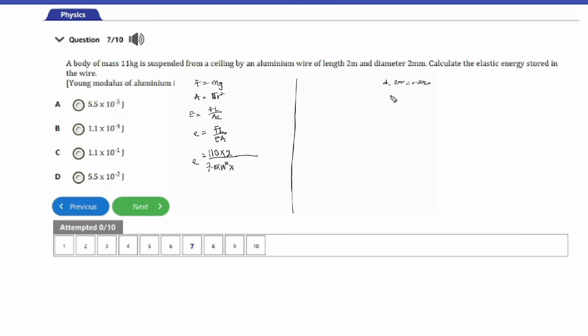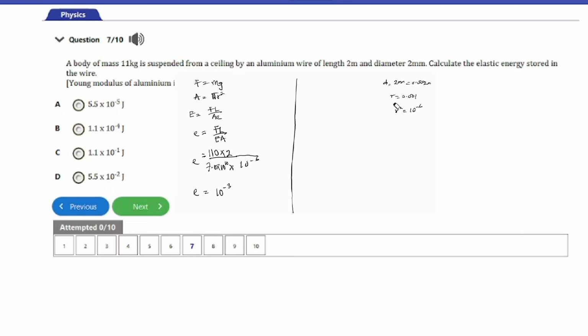So we'll divide that by 2, which is 0.001, and then we'll square it. When we square it, we'll have 10 to the power of negative 6. So that's it. The area is 10 to the power of negative 6 here. When we input all these and calculate, we are going to have 10 to the power of negative 3.